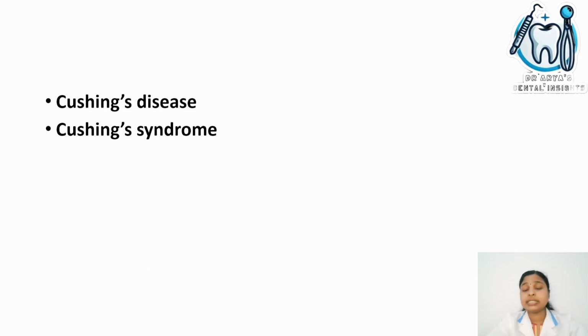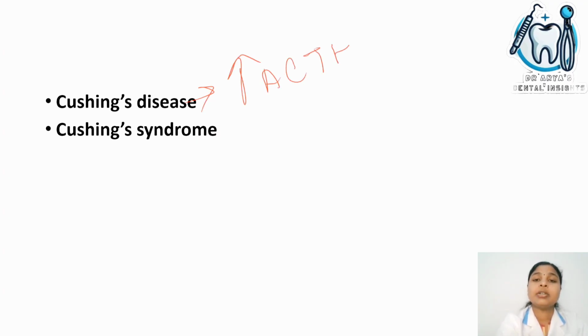So Cushing's disease is due to the excessive secretion of ACTH, adrenocorticotropic hormone. It is mostly due to basophilic adenoma of adenohypophysis of pituitary gland. So Cushing's disease is due to the excessive secretion of ACTH. Okay.